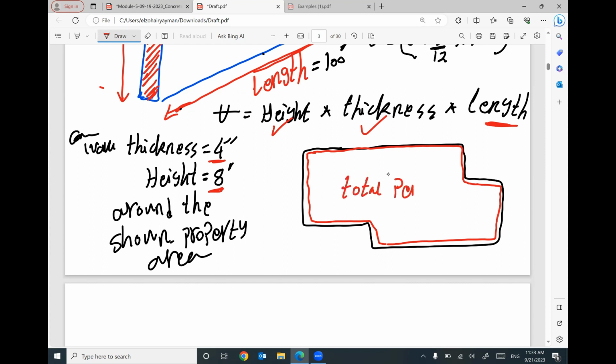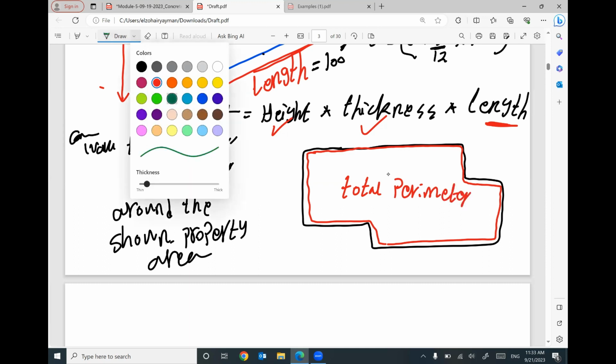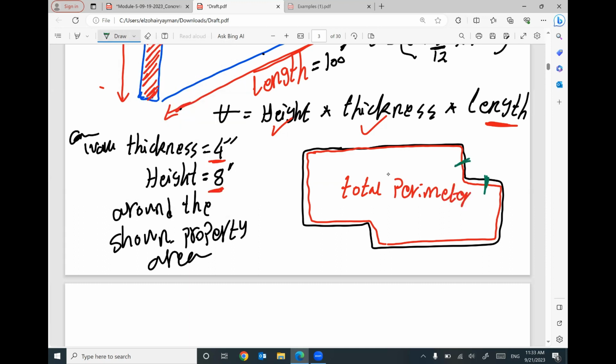It will be this side length plus this one, plus this one, and so on, because your wall will go around this area of land. So the total length of the wall will equal the total perimeter of this area of land.